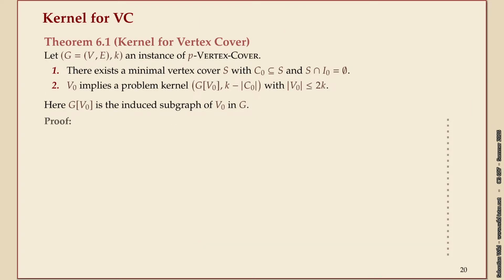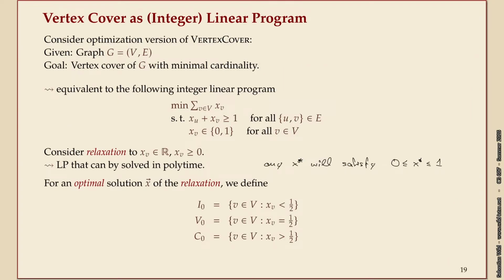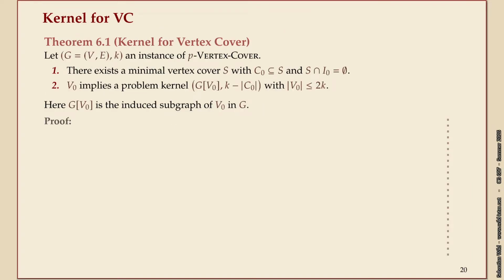Now the claim is we can take these 3 sets. What's a good mnemonic for I and C? I don't remember what I thought about when these were named. Well, I is inferior, so it's less than 1/2, and C is somehow the ones above 1/2.